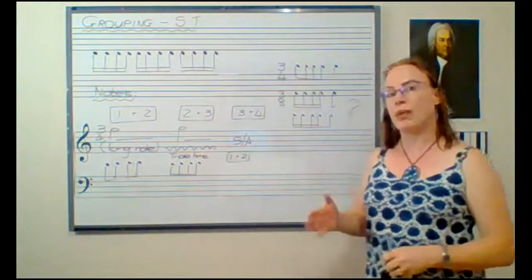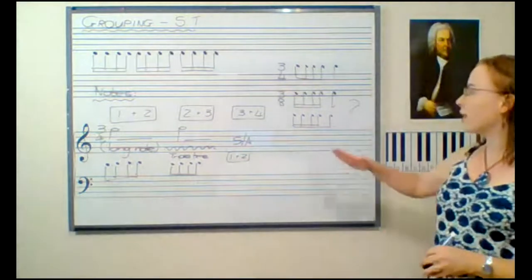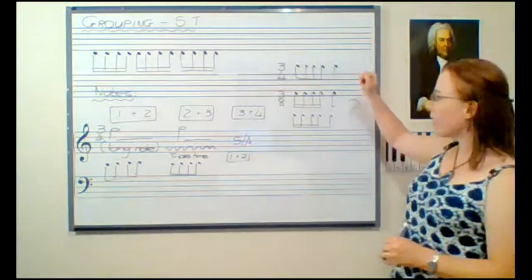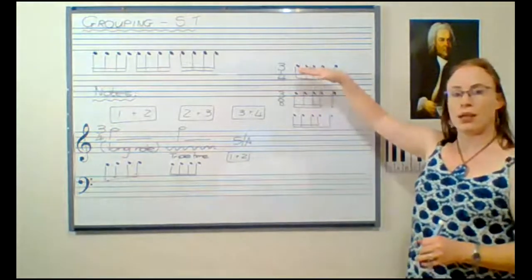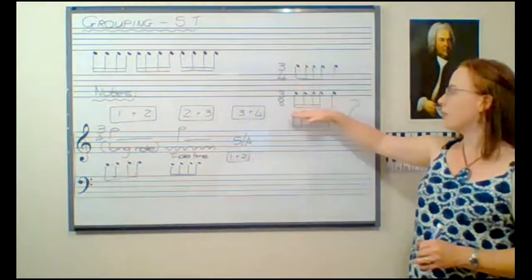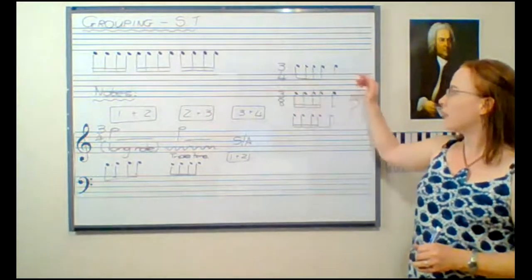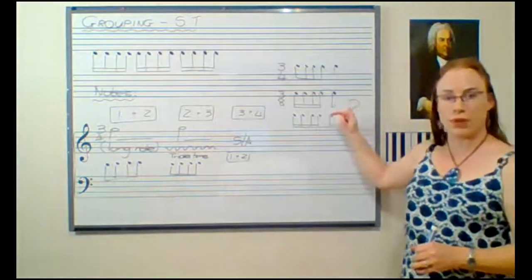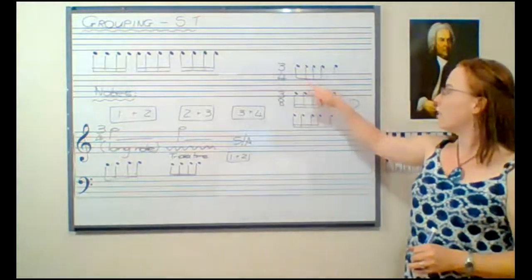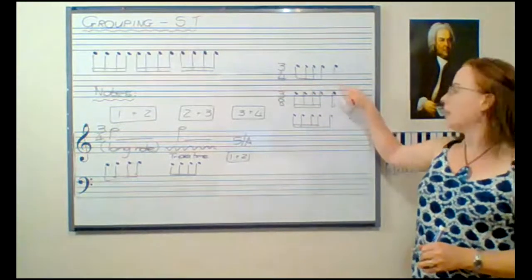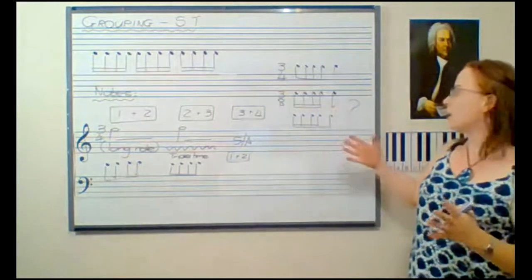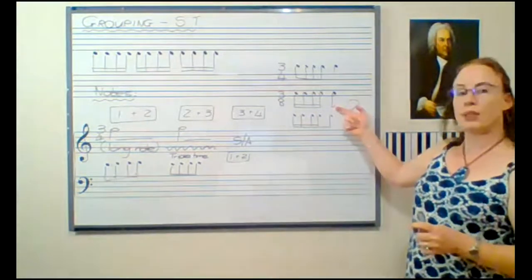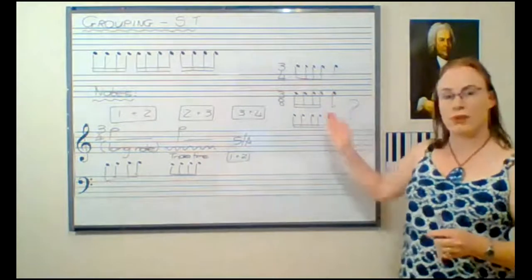And then I just want to quickly show you one more example. I did mention this earlier, but there I've written 3 over 4 and then 3 over 8, and I replicated the rhythmic effect. So I have 4 quavers and a crotchet. Here I have 4 semiquavers and a quaver. So the question is, should I leave this one separate, or should I just group everything together?